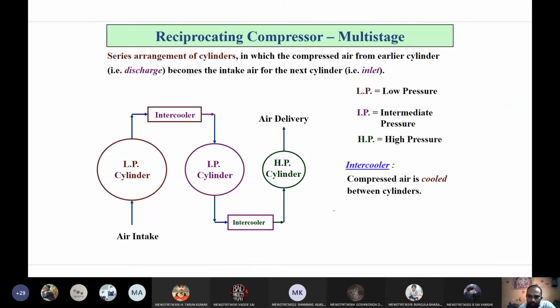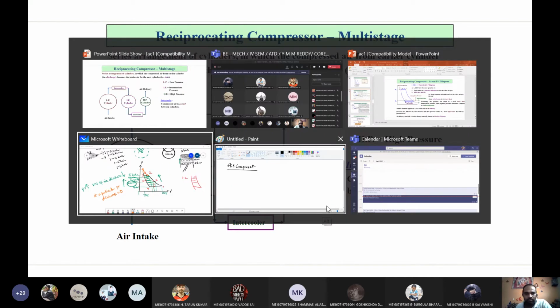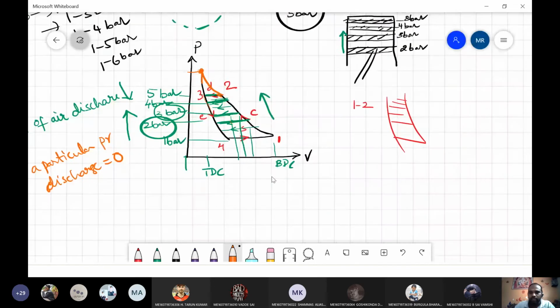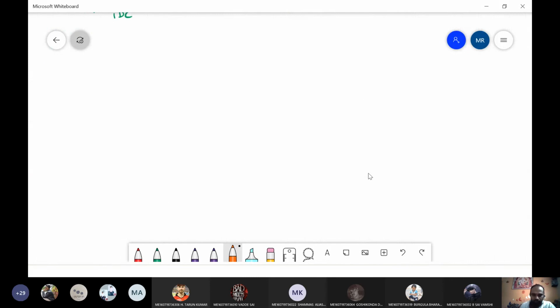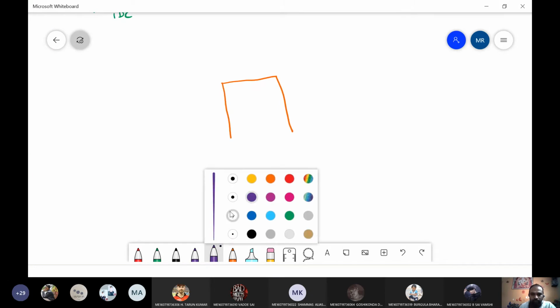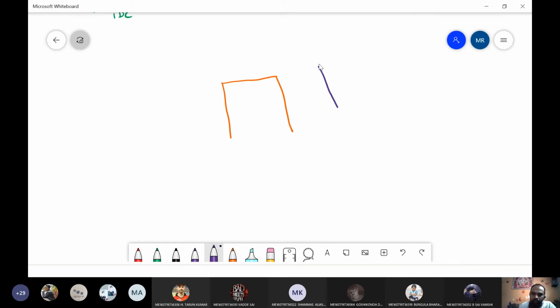Now let us consider we are compressing in 2 stages. First stage, second stage, right?